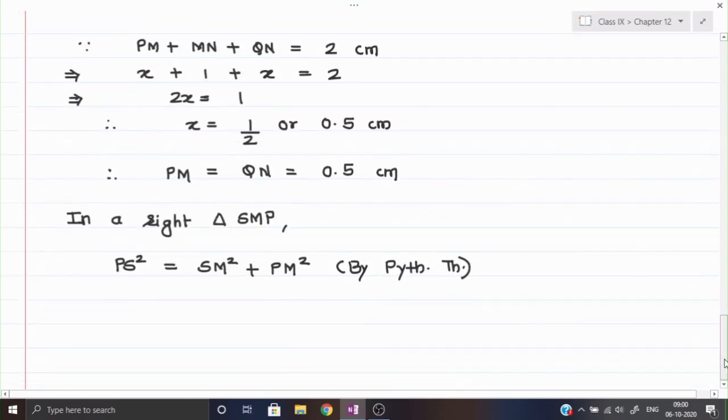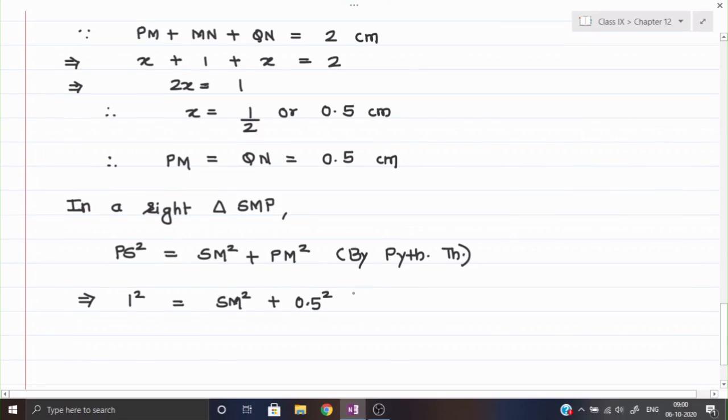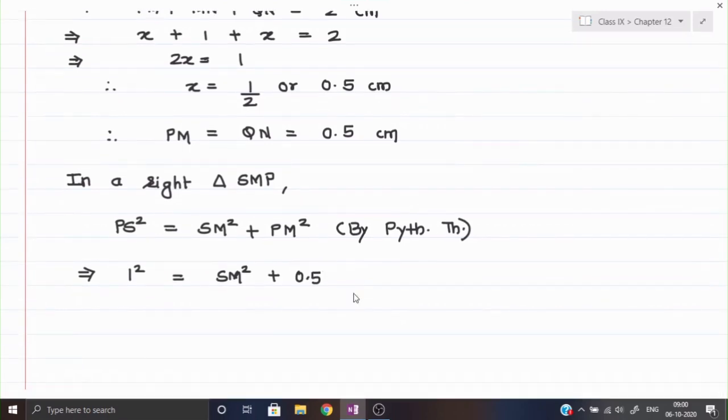Observe, PS value we have 1 and PM value I have 0.5. SM I am going to find out. So here PS value I am keeping as 1, SM we are finding, and PM value we have 0.5 square, or you can say 1 upon 2 whole power 2.